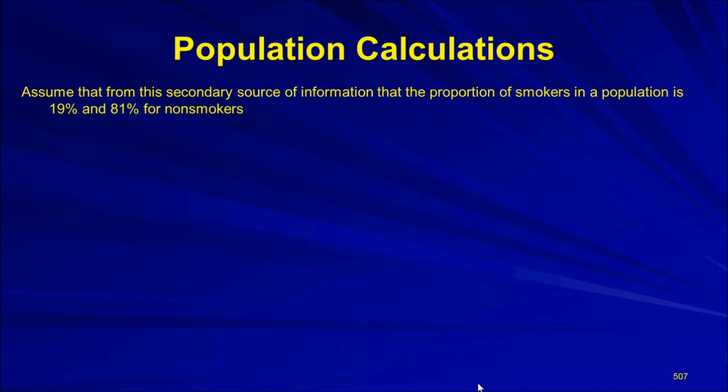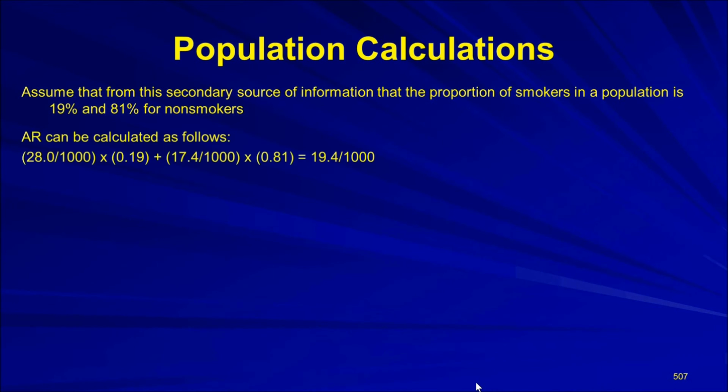and 81% for non-smokers. Well, you say, where do we get the 81%? Well, if 19% smoke, we're going to subtract that from 100%, and that would leave us 81% who didn't smoke. Okay, so that's simply where that value comes from. Now, notice how we substitute the numbers in.